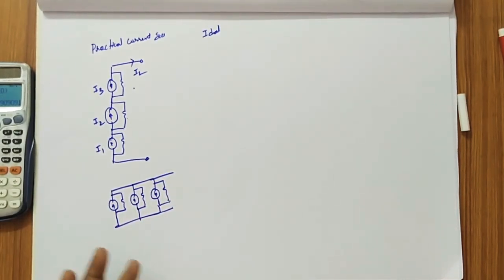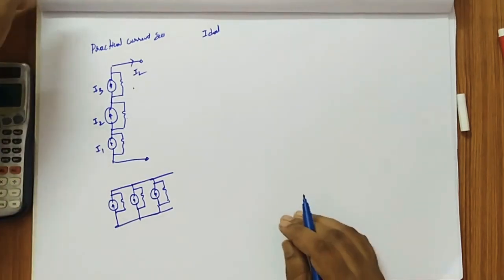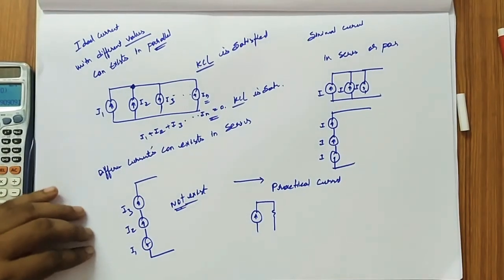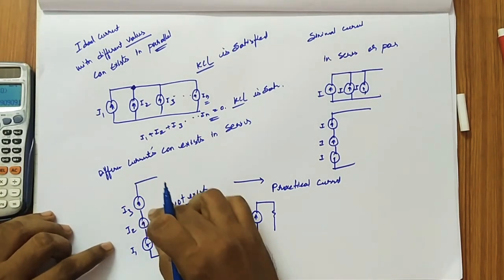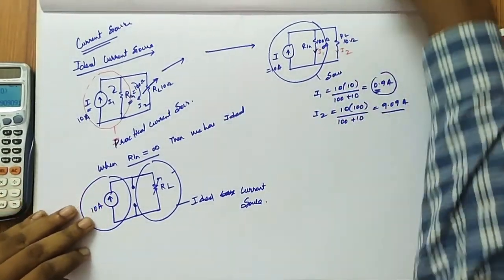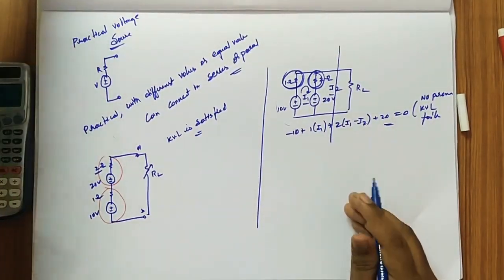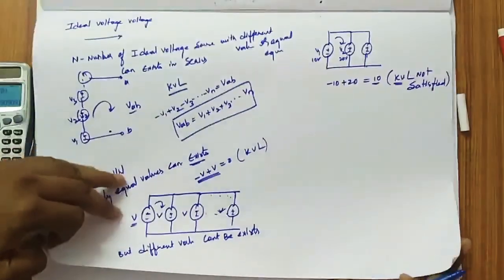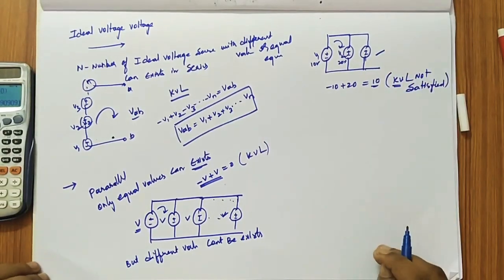If KCL and KVL are satisfied, then they can exist in series or parallel combination. If KCL or KVL is not satisfied, you can observe that. The main point here is that different current sources connected in series do not exist, and different voltage sources connected in parallel do not exist. These two points you need to understand. Okay guys, thank you.